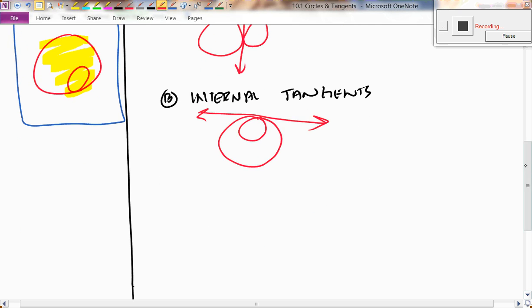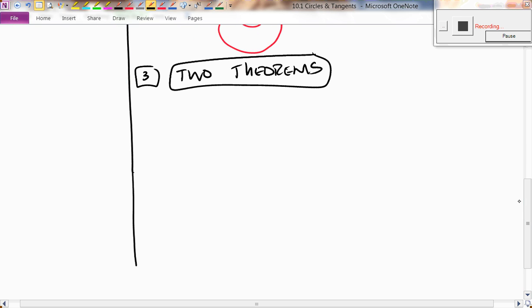Okay, last idea here are these two theorems that we have. We're going to talk about 10.1 and 10.2.